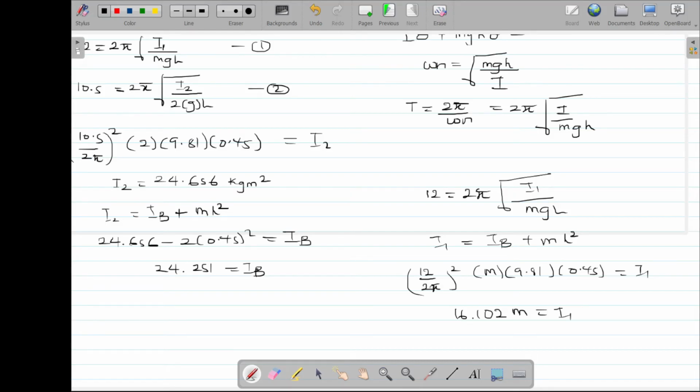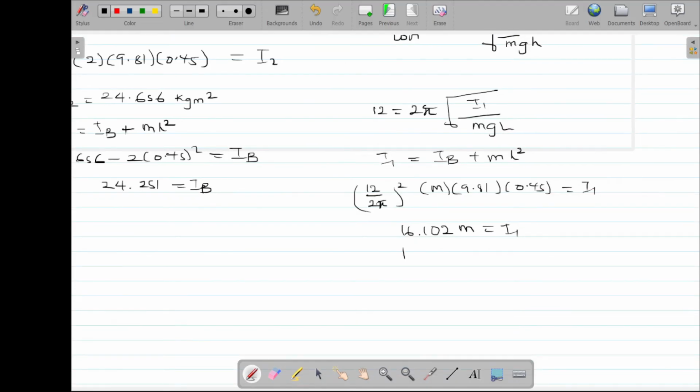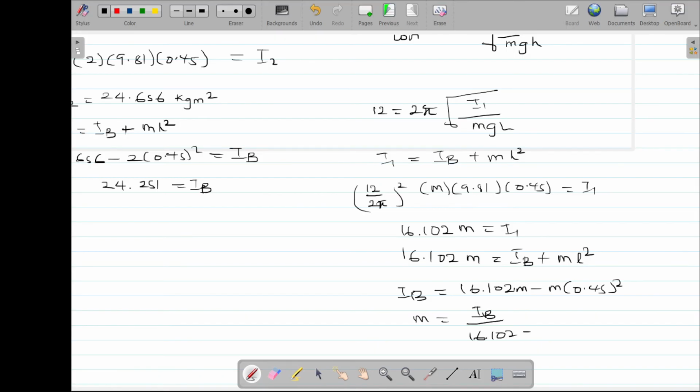where I1 is equal to IB plus ML squared. So 16.102 m is equal to IB plus ML squared. So from here, IB will be equal to 16.102 m minus ML squared, where L is 0.45 squared. So M will be equal to IB all on 16.102 minus 0.45 squared.